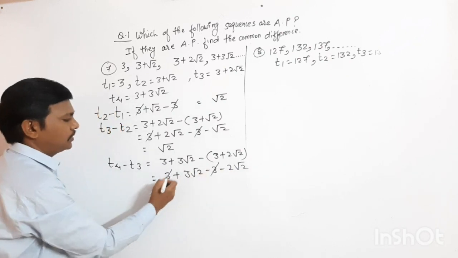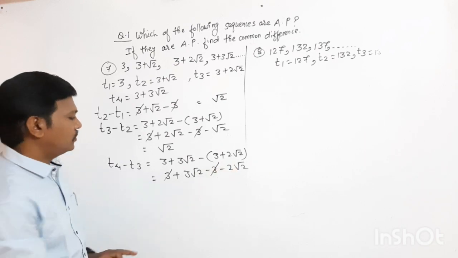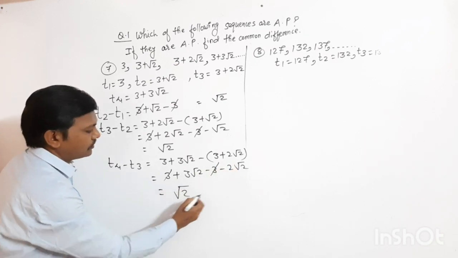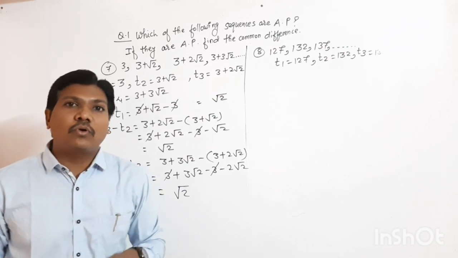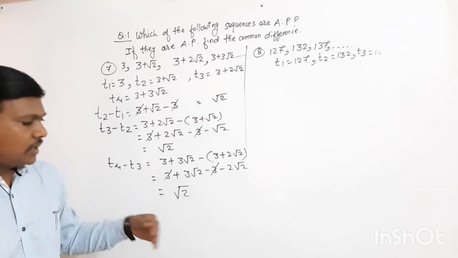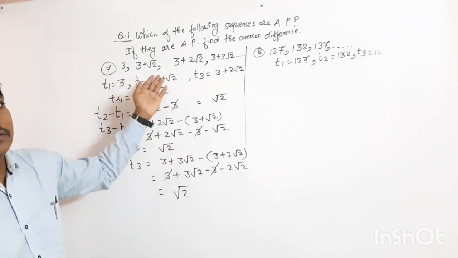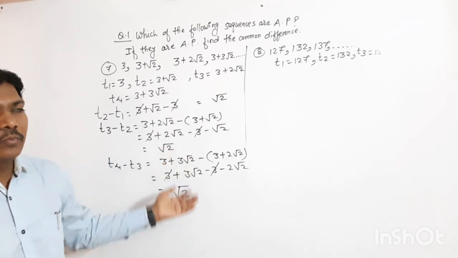So again minus 3 plus 3 get cancelled. 3 root 2 minus 2 root 2, that is root 2. So here we write the common difference between two consecutive terms is constant. Therefore, the given sequence is an AP, means it is arithmetic progression.